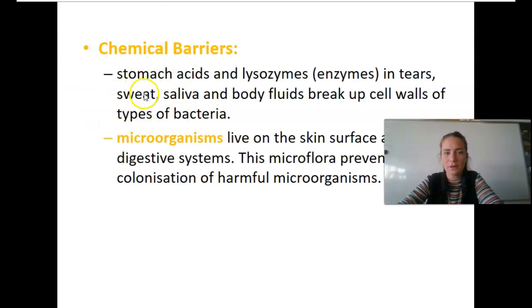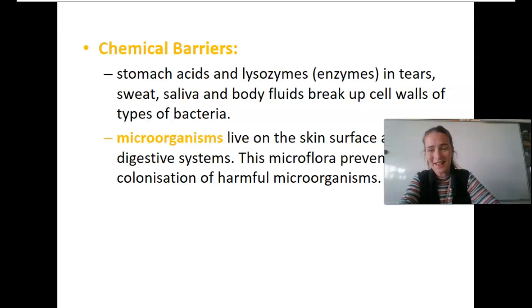The acids that we find as part of your digestive system are working not only to break down your food into manageable sizes for absorption, they're also working to break down any potential hazardous microorganisms or viruses, whatever it may be, any of those pathogens that might be entering your body. Not 100% effective, as we know.